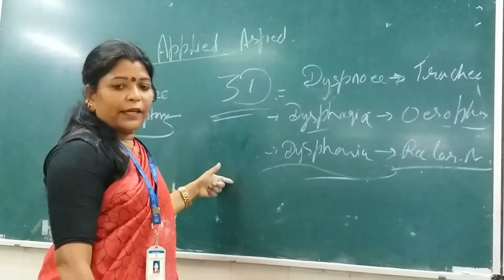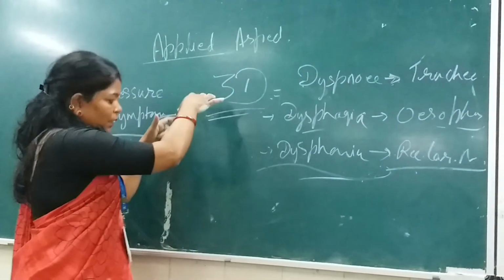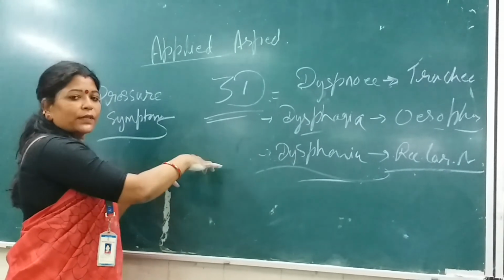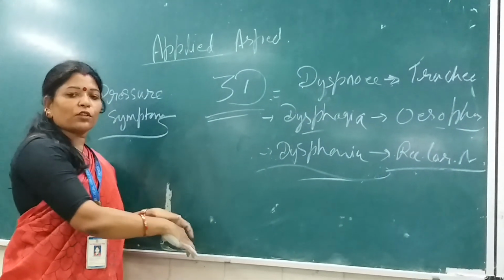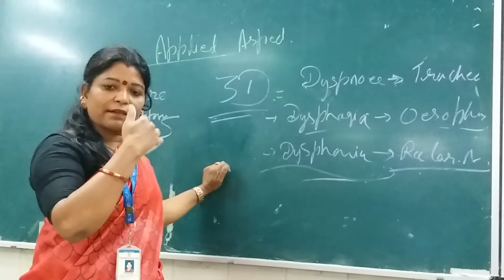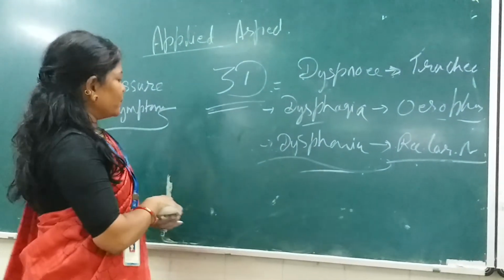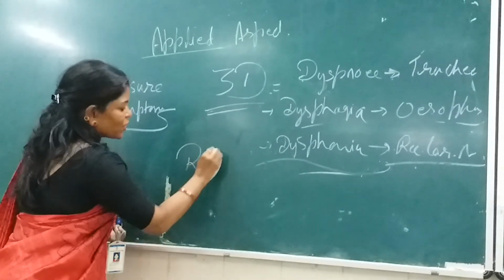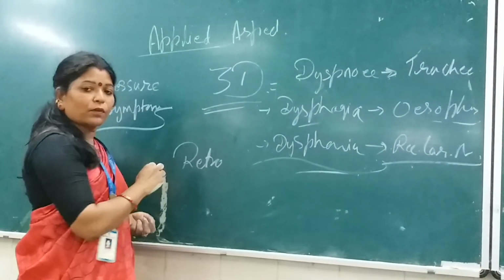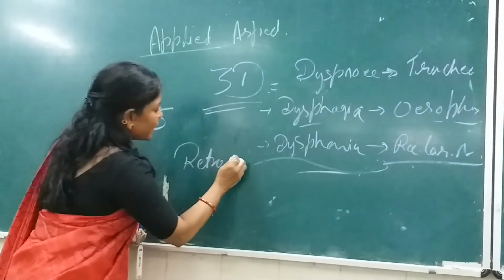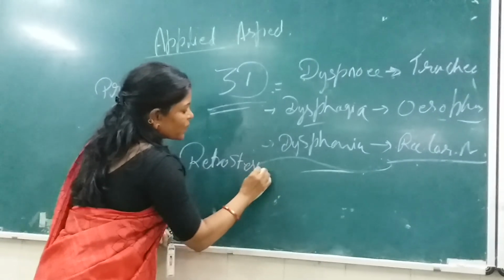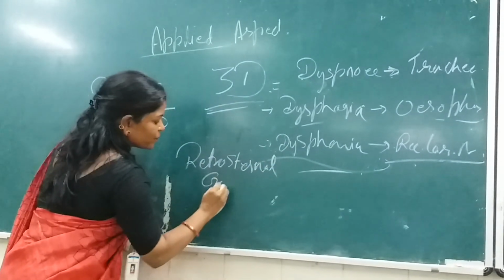But lower, it is not like that. The swelling can move towards the lower aspect also, that means just behind the sternum. That's why it is called retrosternal goiter.